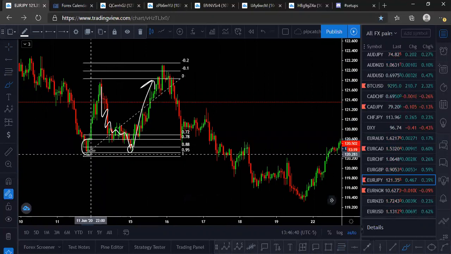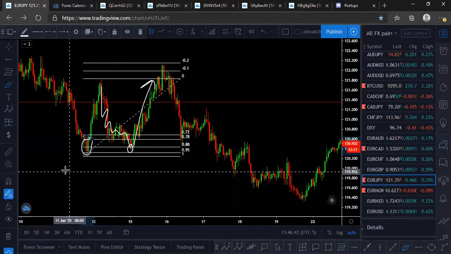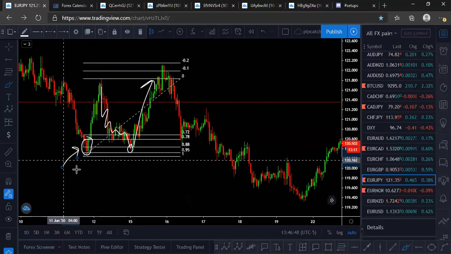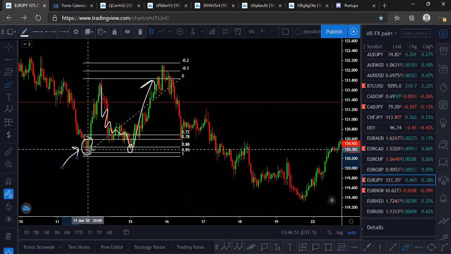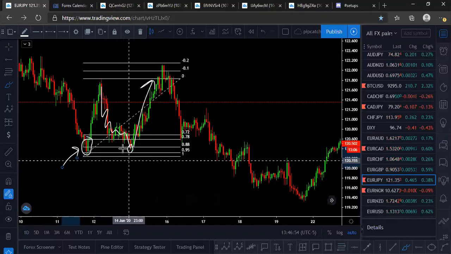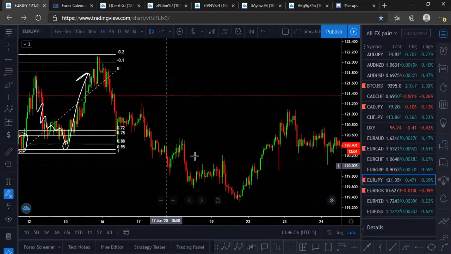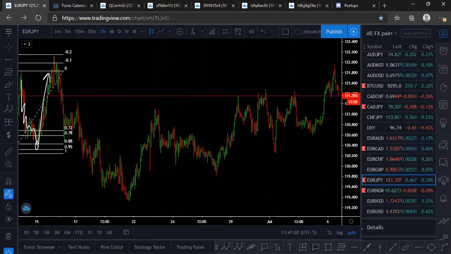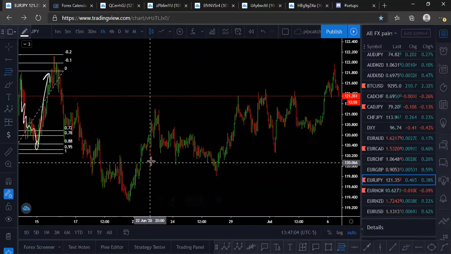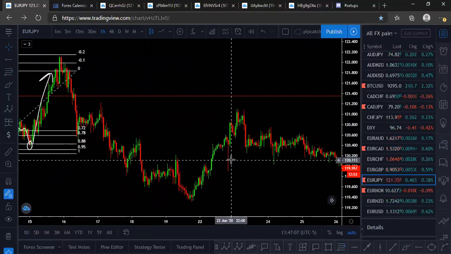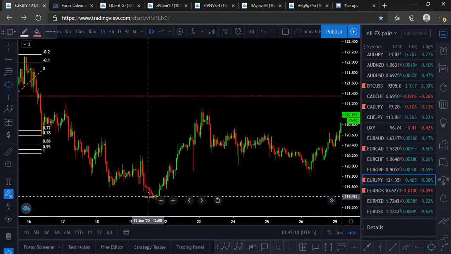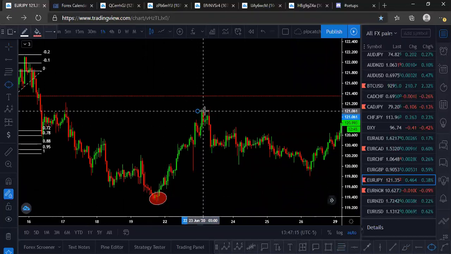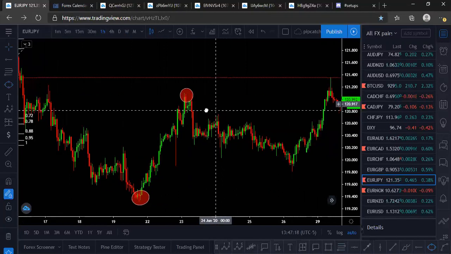We have this last down candle, which I'm sure on a smaller time frame you can definitely refine your entry and find an even tighter entry, but that is for another video. Now look right here. We have this swing low right here to this high right here.